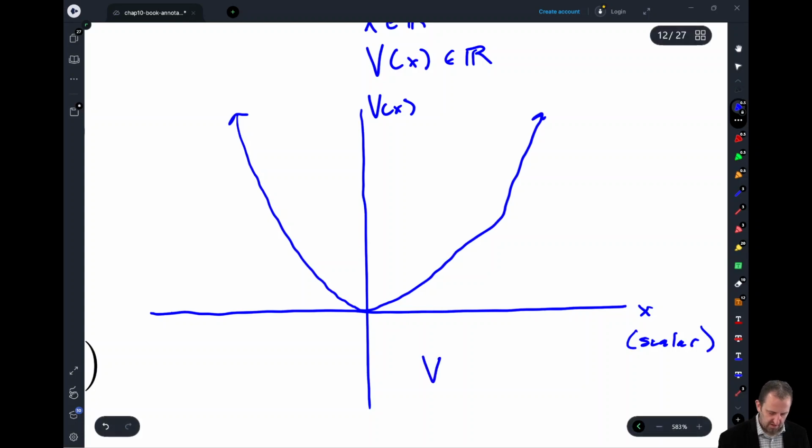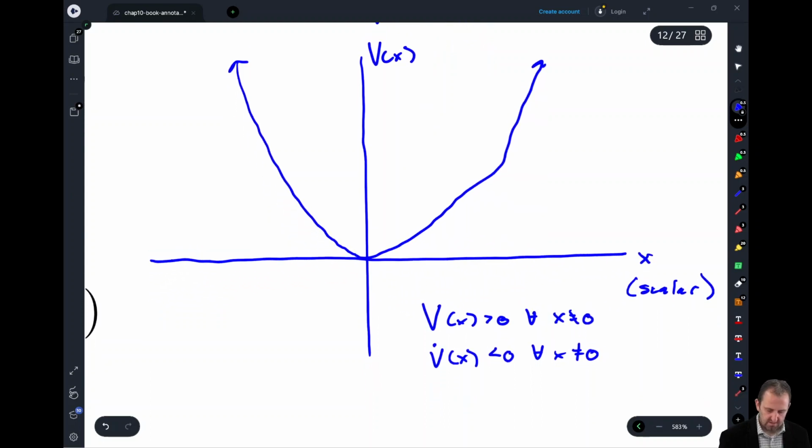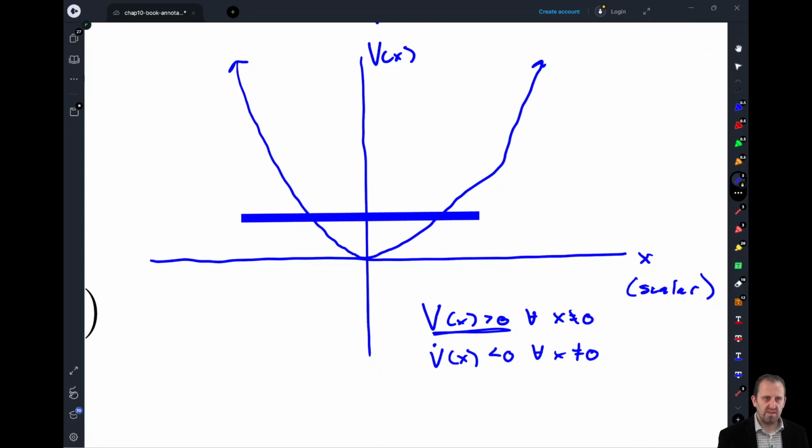And we're going to let v of x be greater than 0 for all x not equal to 0. And we're going to let v dot of x be less than 0 for all x not equal to 0. So what we can say here, going along this first condition, is that if we draw a line straight across, given a certain value of v, there could be multiple values of x.